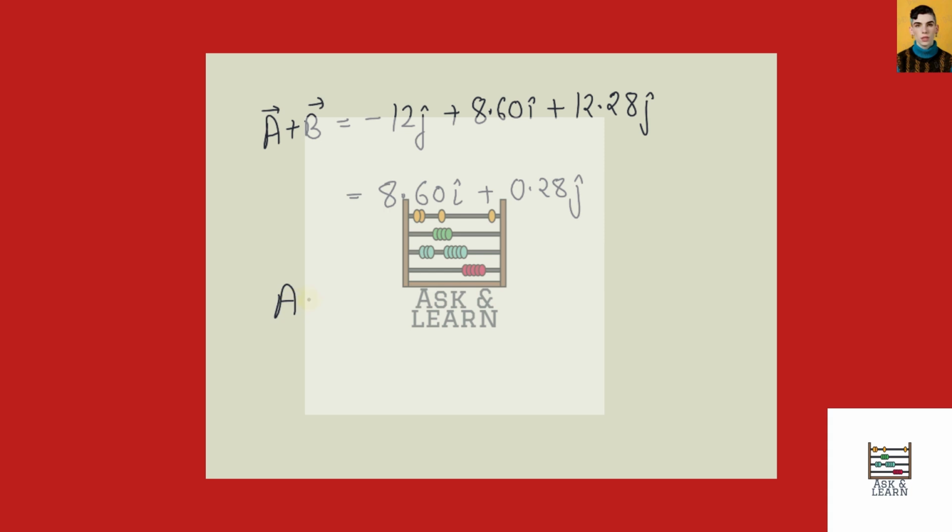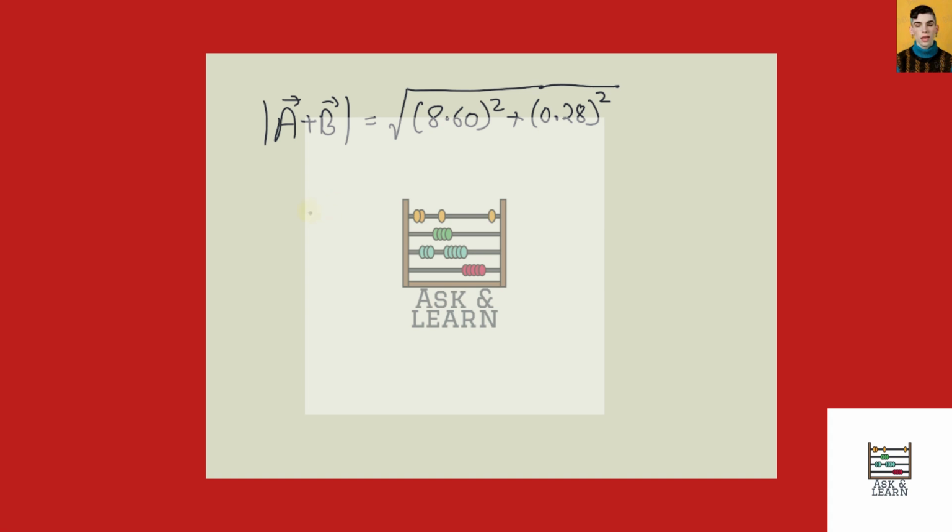If we take the magnitude, the magnitude of A plus B will be the square root of 8.60 squared plus 0.28 squared. Now if we square this, it will be very small, so we can do a direct approximation. The magnitude of vector A plus B will be approximately 8.60.